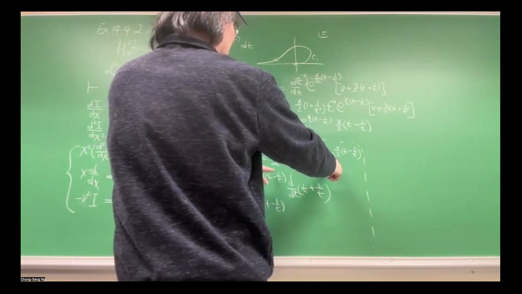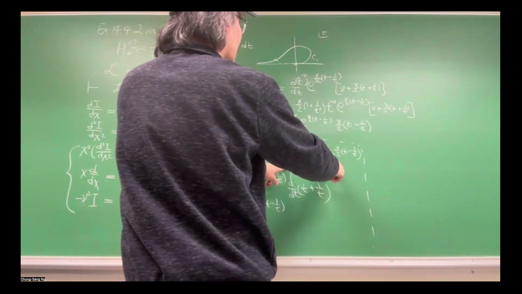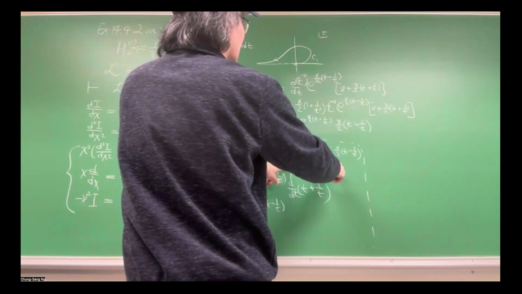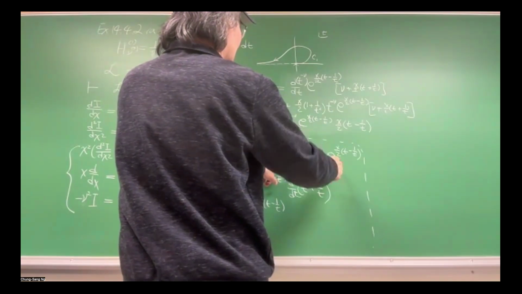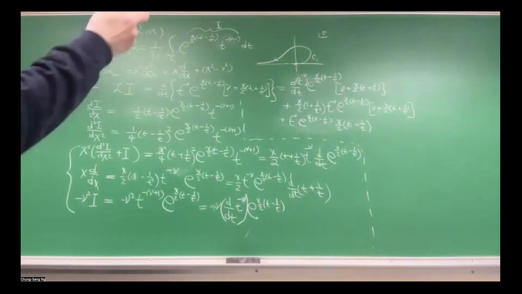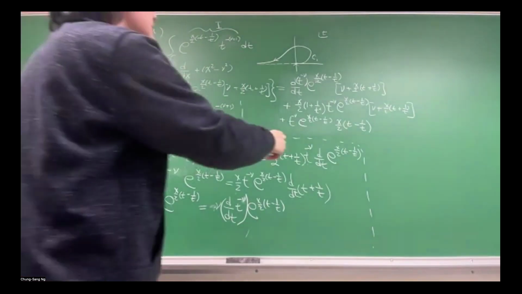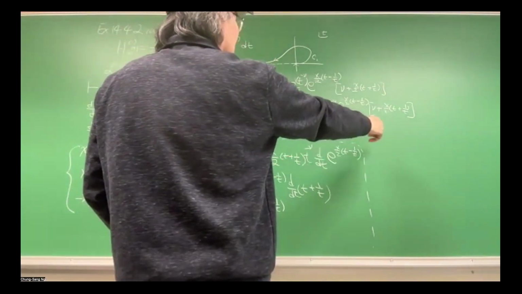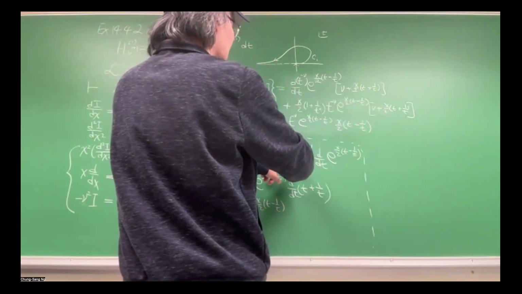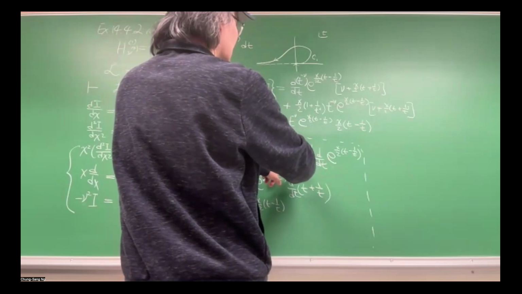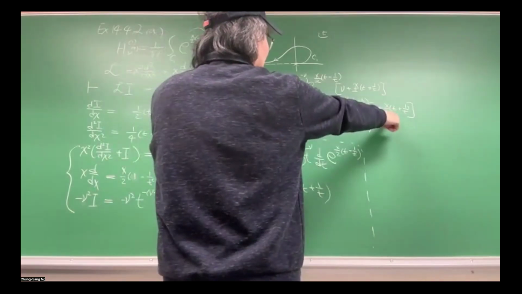That basically gives you this one, because you have a t plus 1 over t, which gives you x over 2, which is this one.